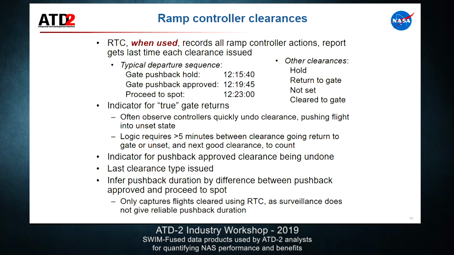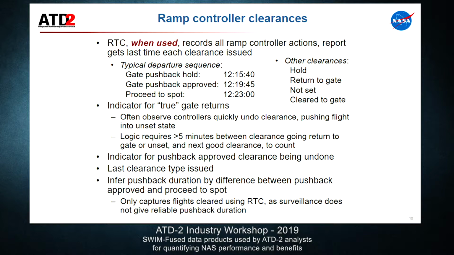Okay, so ramp controller clearances. The RTC tool, when it's being used, which is pretty consistent at Charlotte, records all ramp controller actions, and so we look at the times when different clearances were issued, which is the main thing we're really interested in from an analysis point of view.